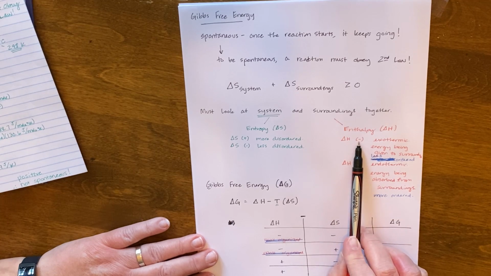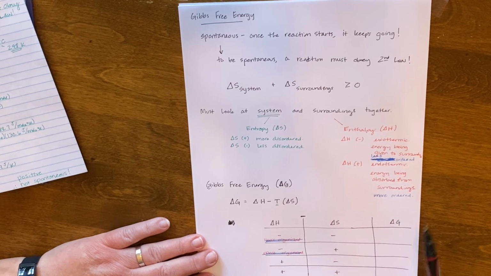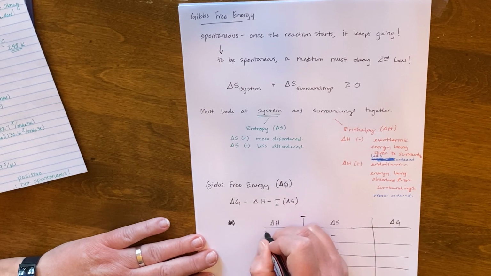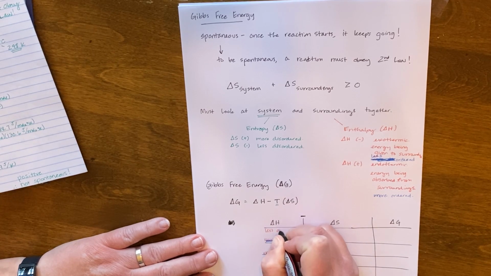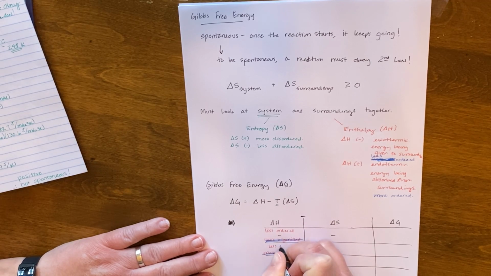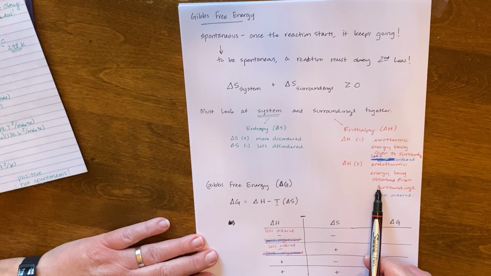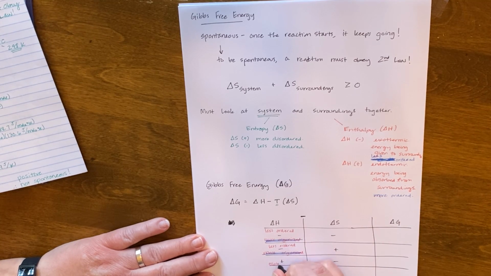When delta H is negative, let's start over. When delta H is negative, it's an exothermic reaction. That means we're giving energy to our surroundings, so our surroundings are becoming less ordered. Okay? When delta H is positive, it's an endothermic reaction. So our surroundings are becoming more ordered.